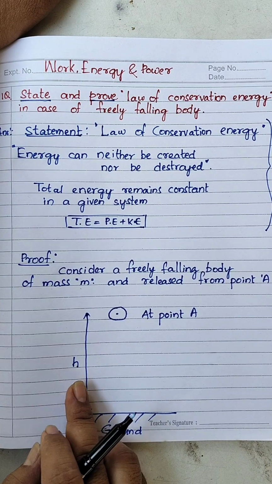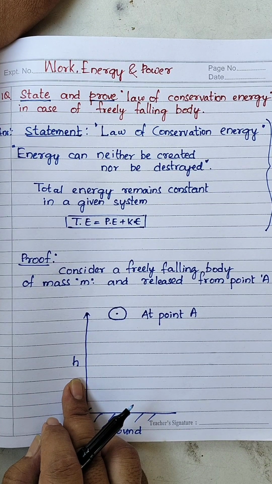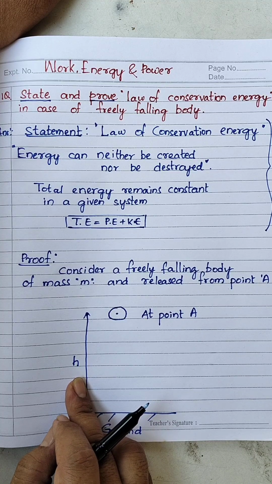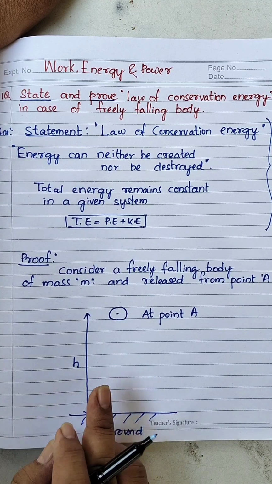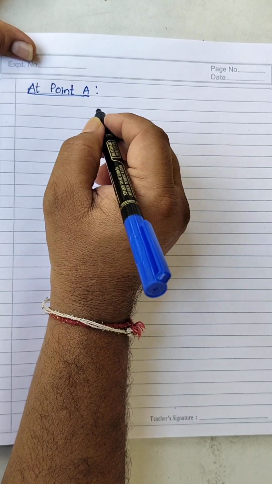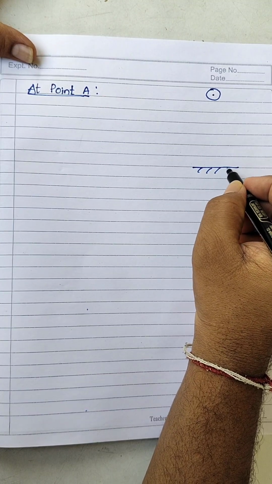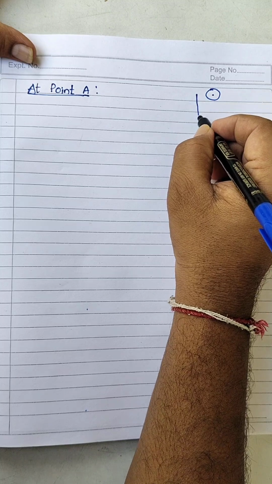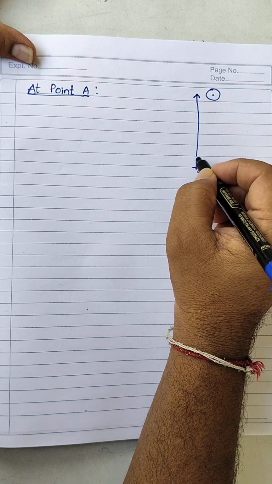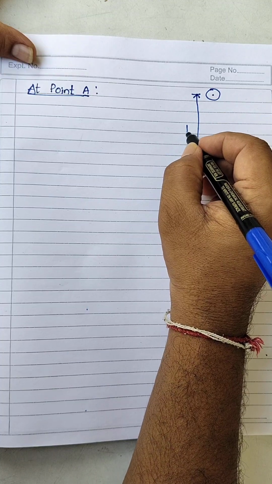Now we are going to derive the total energy equation in terms of potential energy and kinetic energy at point A. So let us see at point A what is going on. At point A, from the ground to mass m, the total height is h.